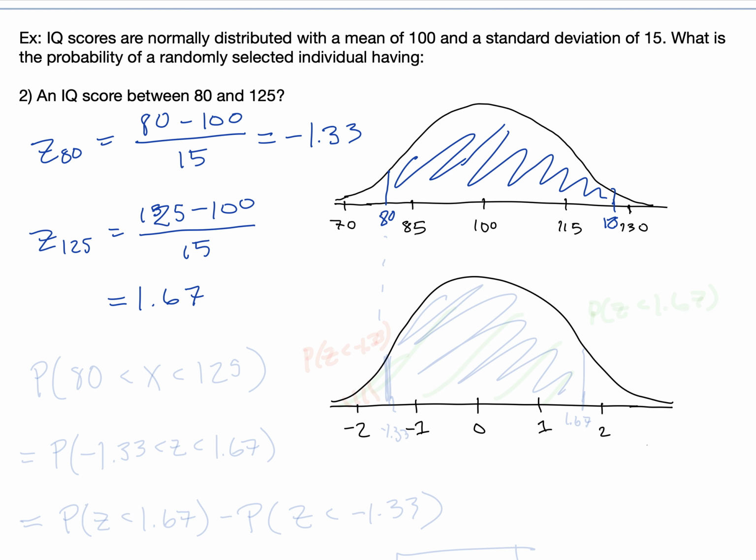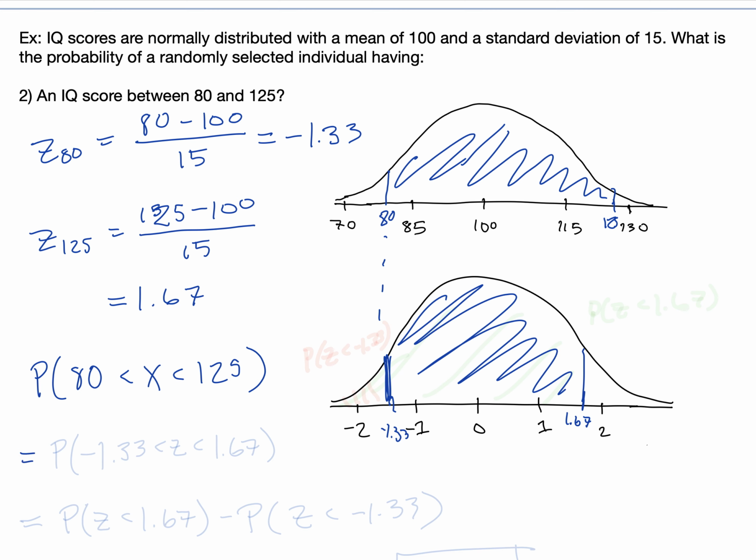So that 80 goes down to a negative 1.33. And the value of 125 goes down to a z-score of 1.67. And so again, these shaded areas are equal in size. So we want to find the probability that x, the IQ score, is between 80 and 125.